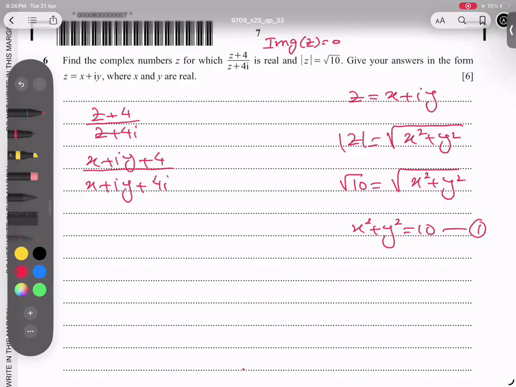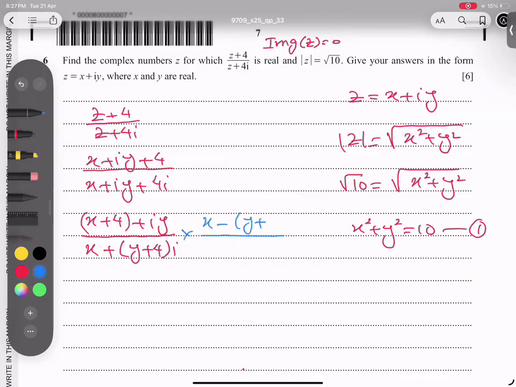I first simplify: x plus 4 is the real part, and y plus 4 with iota outside is the complex part. Now I'm going to rationalize. The rationalization process you know very well: I keep it as it is and only change the sign. So I think the idea is very clear.